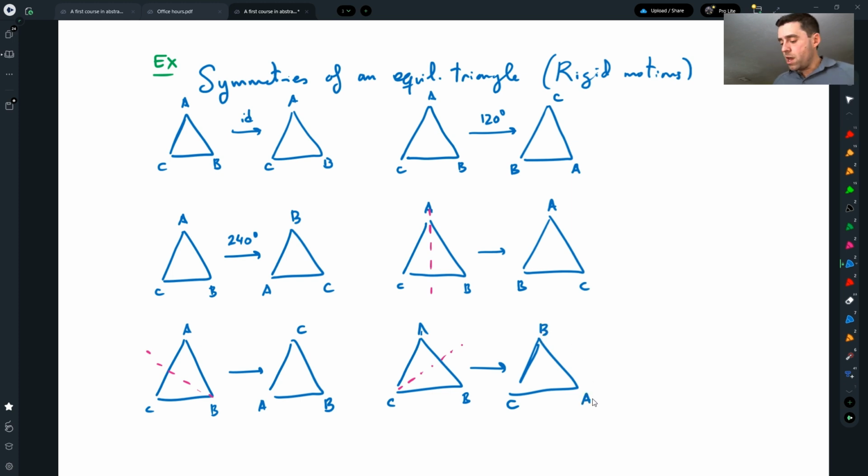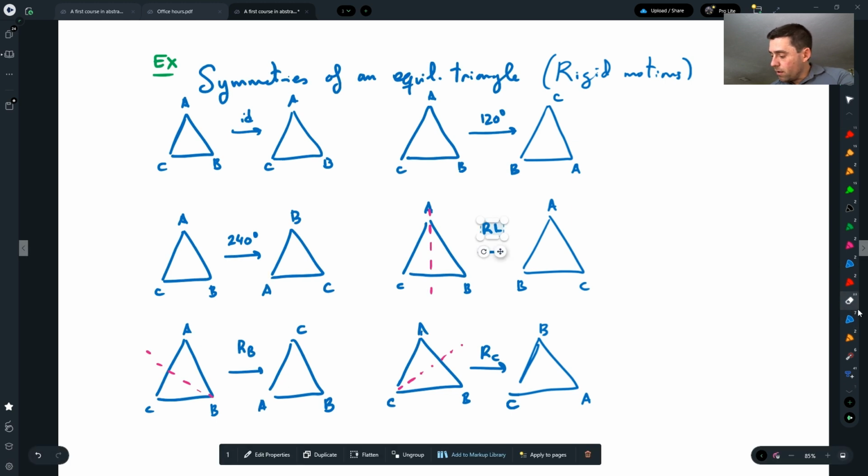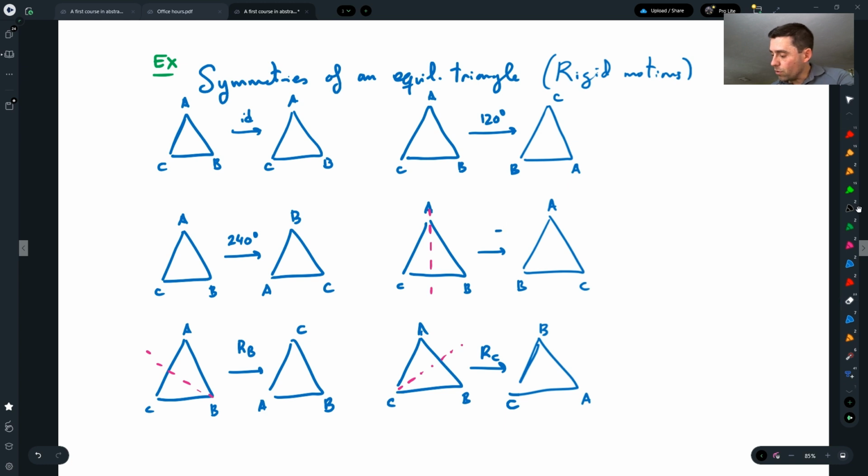So this is a reflection about A, let's call it R_A. This is a reflection about B, and this is a reflection about C. Okay, so I now have names for all of them.